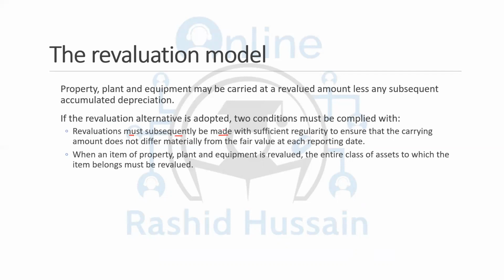Once you have classified an asset in the revaluation model, the revaluation must subsequently be made with sufficient regularity. And it is not saying every year, it is saying sufficient regularity to ensure that carrying amount does not differ materially from the fair value at each reporting date.